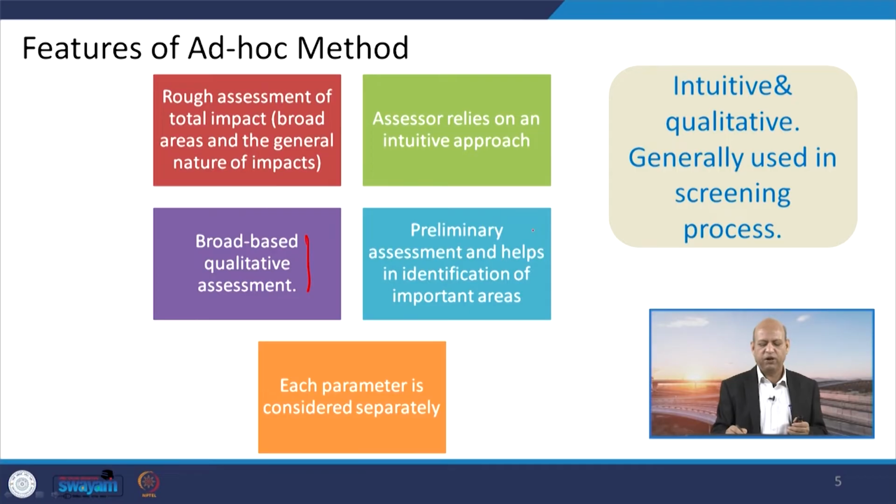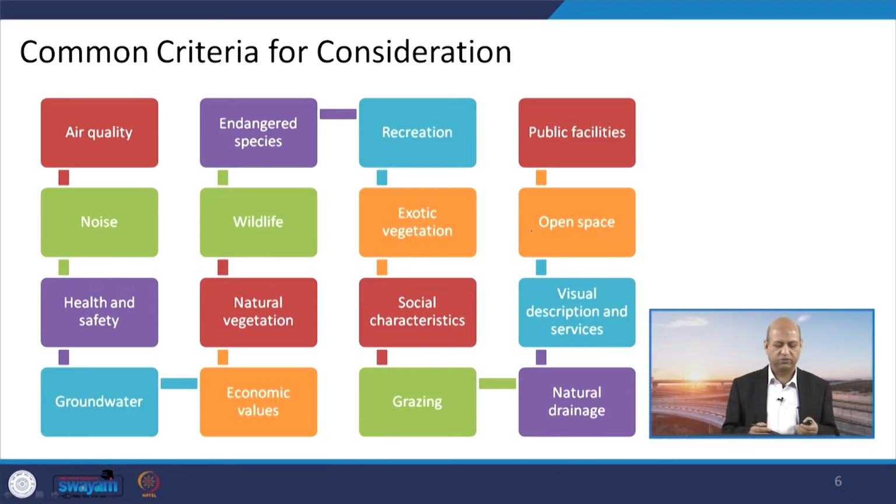This is basically a preliminary assessment activity, and it identifies some important areas and some less important areas, and each parameter is considered separately. There is no integration because there is no feedback available from one factor to another.